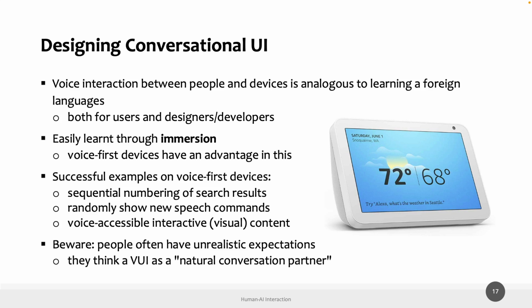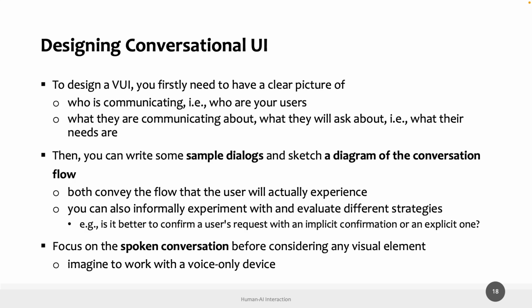So this is a point to take into account, and actually it's a point that is addressed by all the guidelines on human AI interaction, like the ones that we have seen last time. So people have unrealistic expectations, and we should therefore make clear what our agent is able to do, so to delineate the boundaries of our conversational agent.